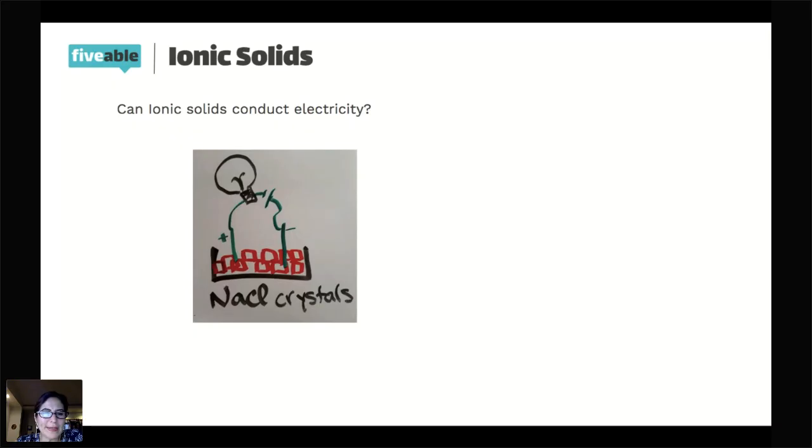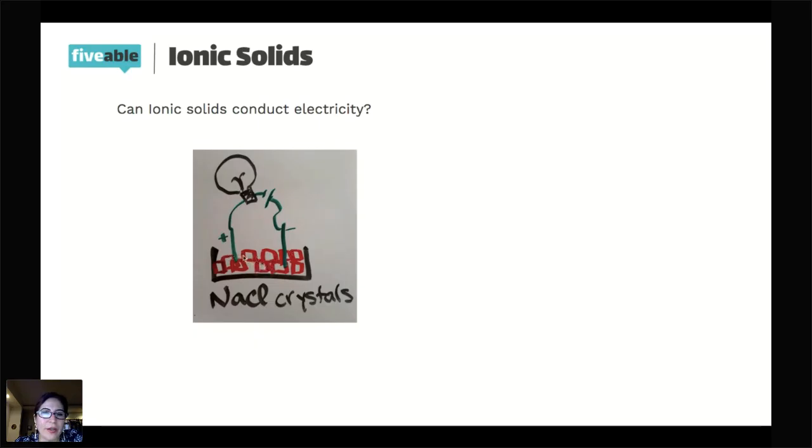Well, first of all, what is the definition of electricity? How do you get light from a light bulb? What has to happen? Okay, electricity, yes, it's kind of a charge. The definition is a flow of electrons. So the electrons need to flow. In here, the sodium chloride crystals in solid form won't be able to flow.